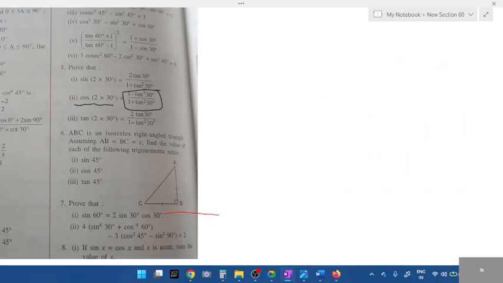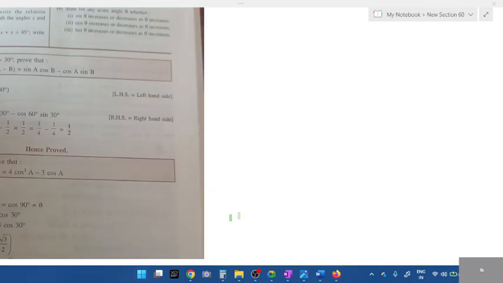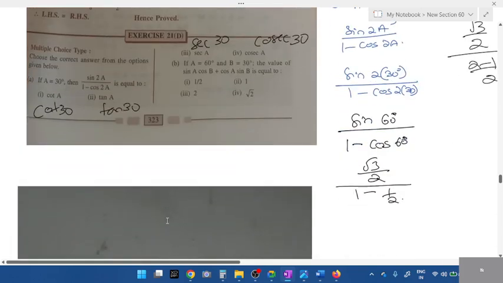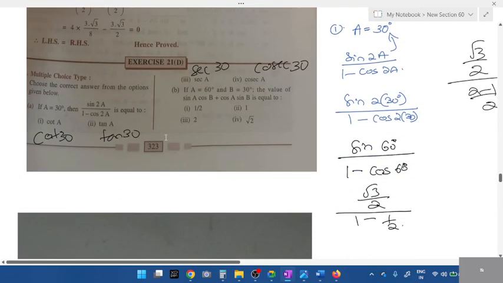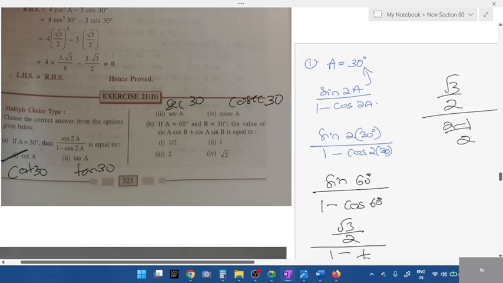Cot 30, tan 60, but what value have they given here? Cot 30 and tan 60 are not given. So what's the option, students? Which is the answer? Cot 30, but you can't write cot 30 there. What do you have to write? Cot A. Yes, the first one is the option. Option 1 is the answer.